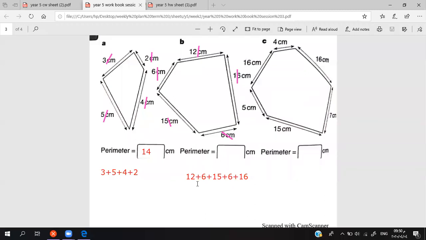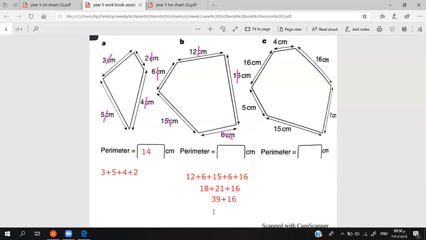12 and 6, it's an 18. Plus 15 and 6 is a what? It's a 21, plus 16. Now let's add again. 18 and 21 is a what? 39 plus 16.